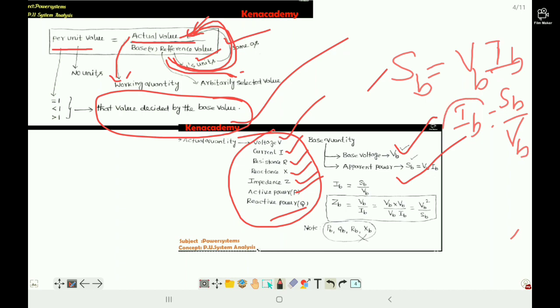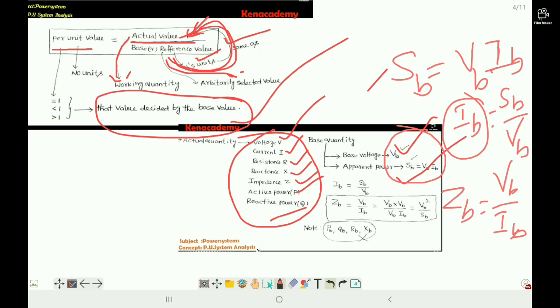Then we can easily derive the current base. Once you know the current base, then how to derive the base impedance? Base voltage by base current, like this. That means in a power system mainly these two parameters are selected as a base. Using that, we can derive any other base parameters. That point you remember.